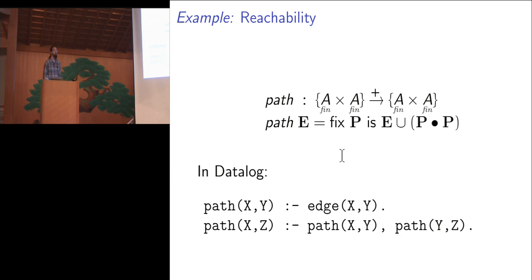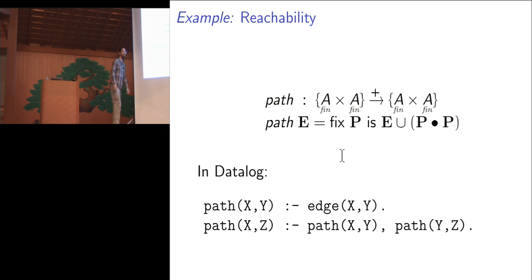So here's an example of using fixed point. This is computing reachability in a graph, or transitive closure if you prefer. I take a set of edges, a set of pairs, and I produce a set of pairs representing reachability: x comma y will be in the result if there is a path of one or more edges between x and y. The way I say there's a path is, either there's an edge between them, or there's a path to some intermediate point and then a path from that point on to our final destination.